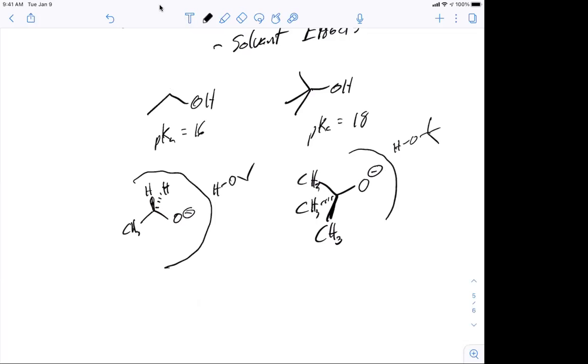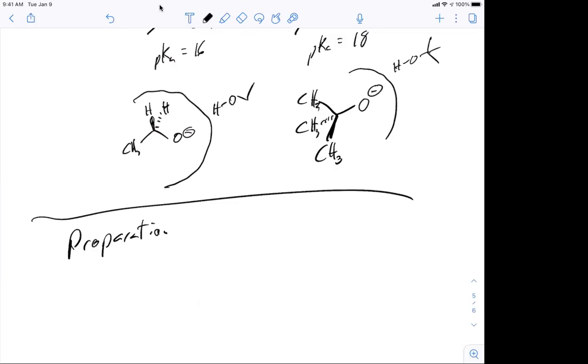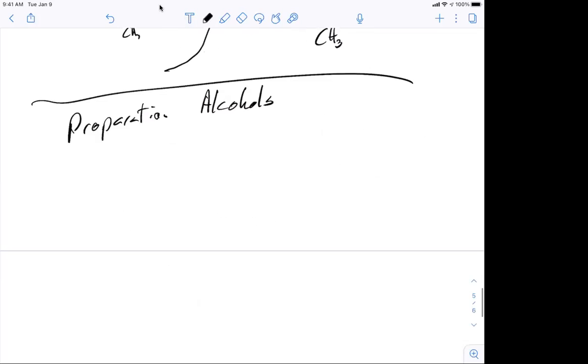Okay. All right. So preparation of alcohols. And this is a good time to point out the framework of the rest of the chapters, and this is kind of standard across all textbooks, is that by this point, you've got some preparations that you've already seen, right?